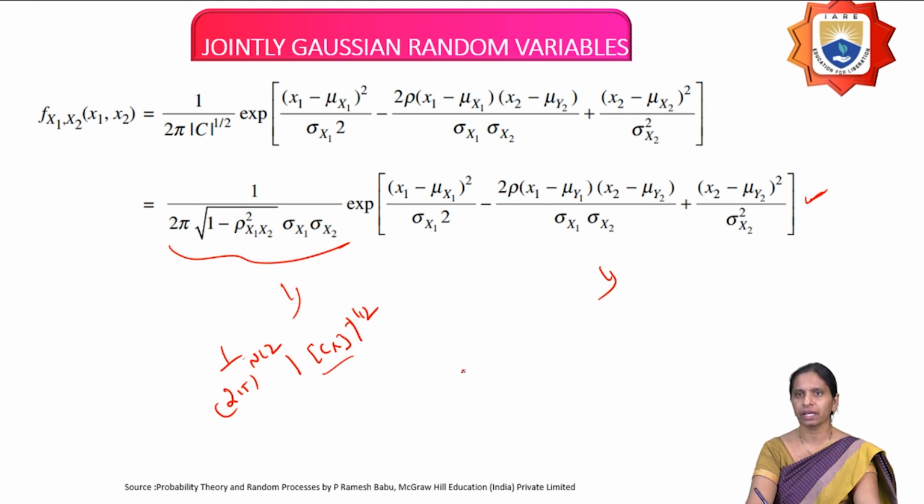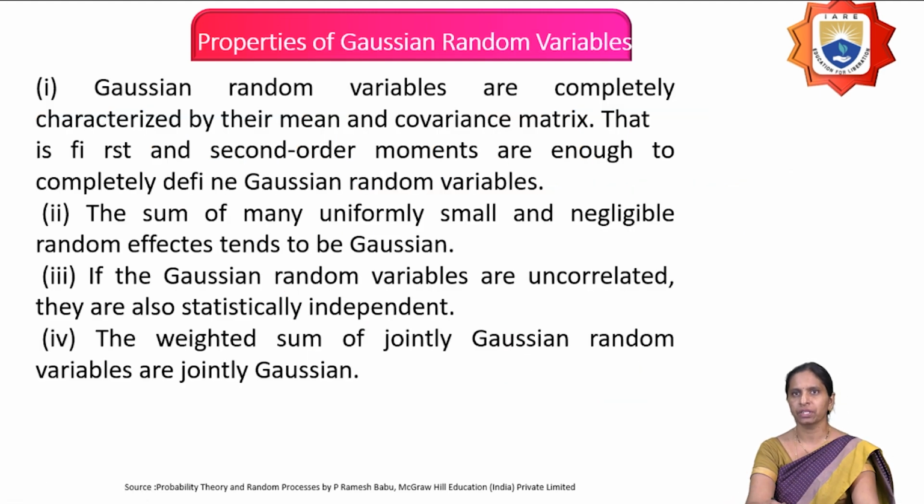Similarly, we can write down the joint Gaussian density function for 3 random variables, for 4 random variables, for 5 random variables, and so on up to n random variables. And coming to the properties of Gaussian random variables, the first property states that Gaussian random variables are completely defined by their mean and covariance matrix.